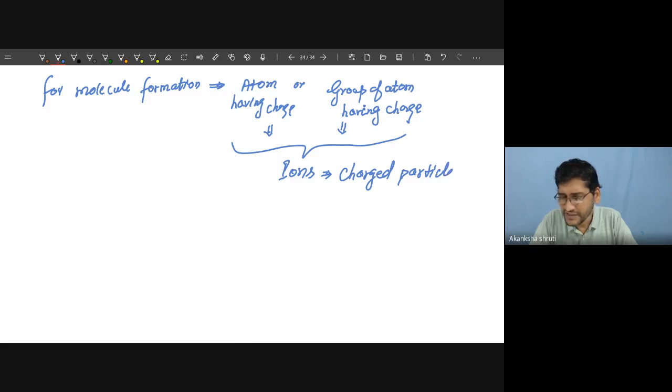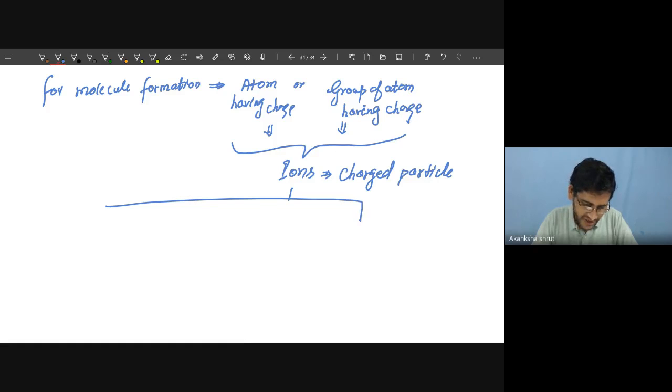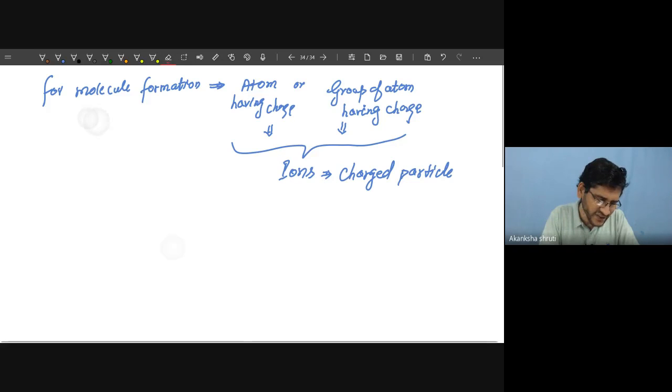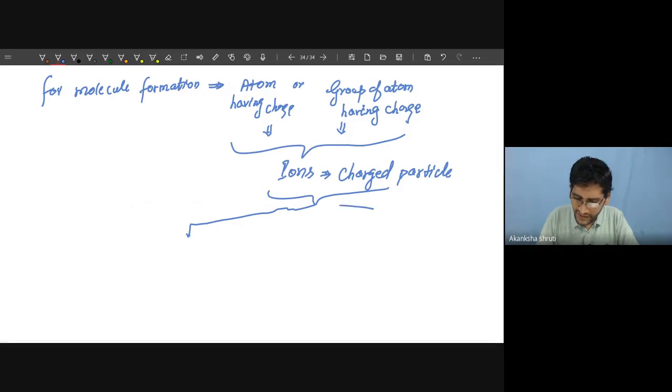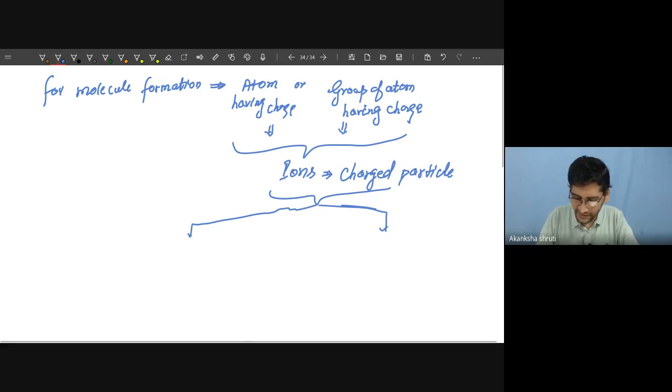Ions means nothing but charged particles. Now these charged particles are broadly of two types. One is called positive charge, another is called negative charge. So whether we say ions or charge, it is of two types. One is called cation, a positive ion.